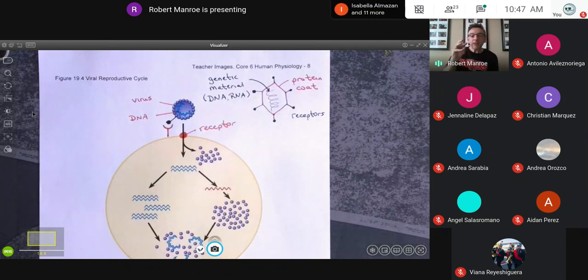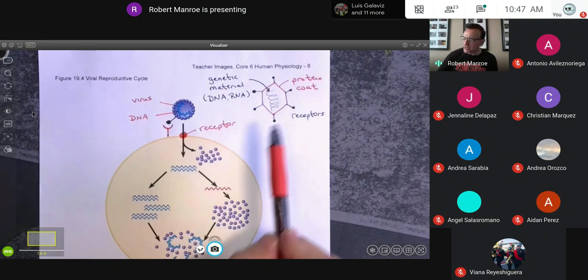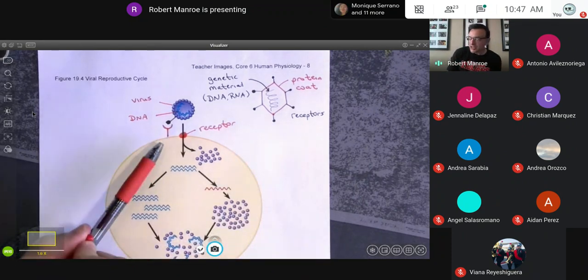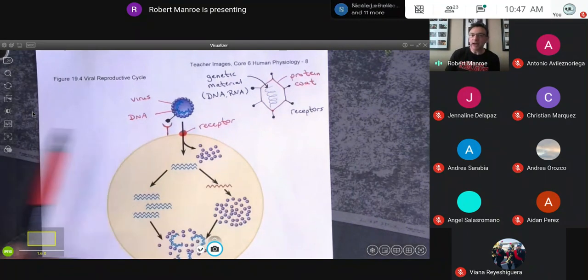That's why viruses are tissue specific. Hepatitis only infects the liver. Influenza only infects the lungs. HIV only infects the immune system. Why? Because the receptor on the virus matches the receptor on that cell type.